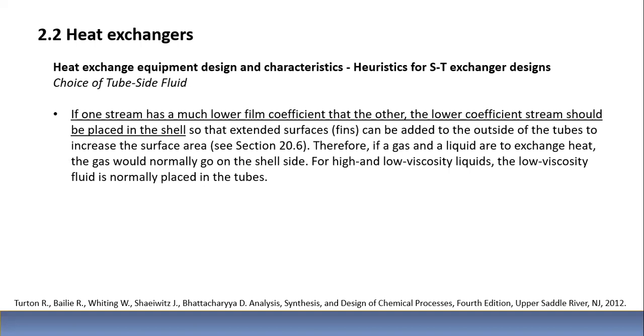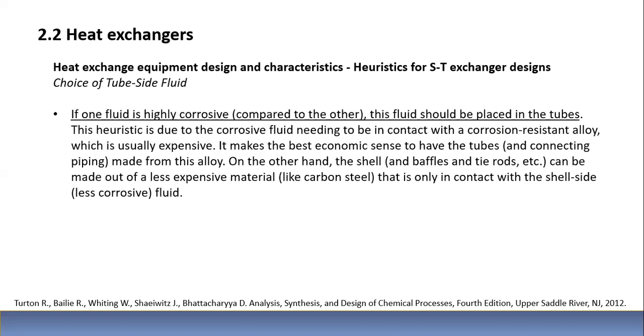Therefore, if a gas and a liquid are to exchange heat, the gas will normally go on the shell side. For high and low viscosity liquids, the low viscosity fluid is normally placed in the tubes. Entonces vemos eso, que el fluido de baja viscosidad va en los tubos y el fluido que tiene bajo coeficiente de transferencia va del lado de la carcasa.